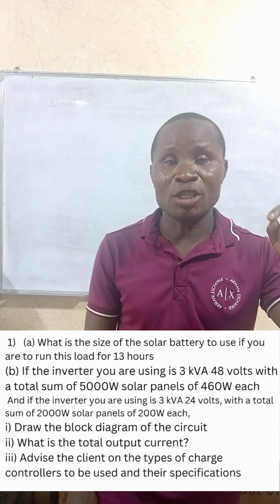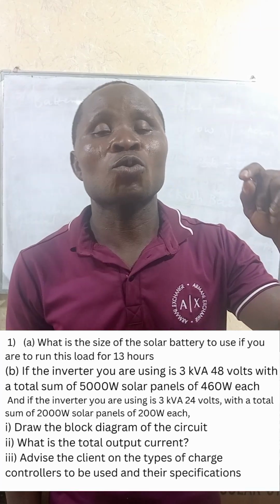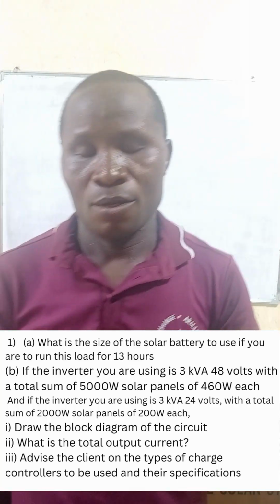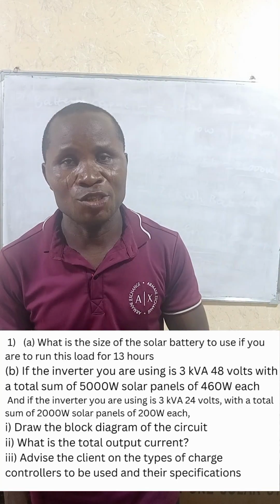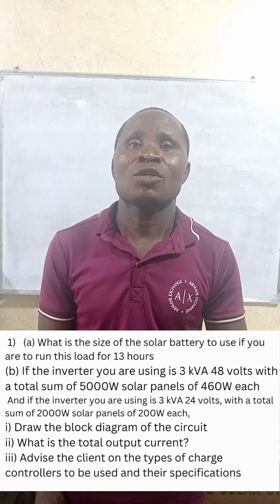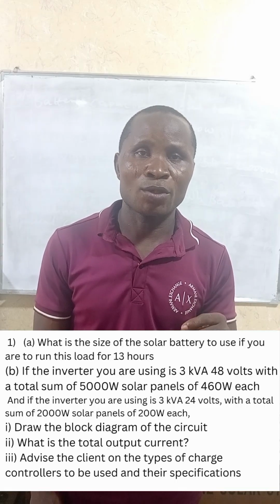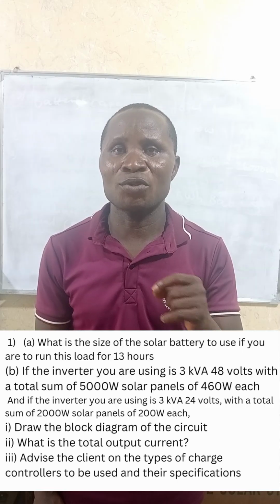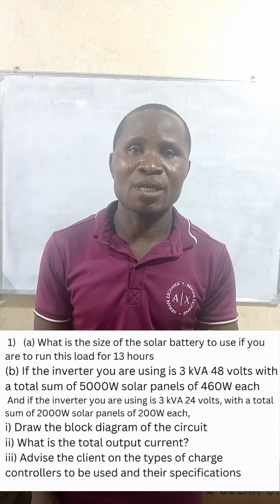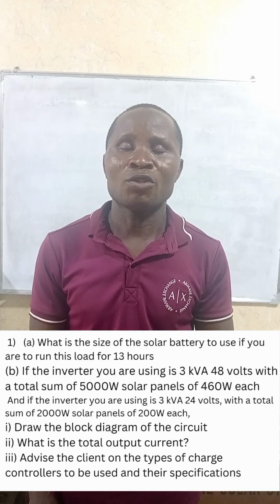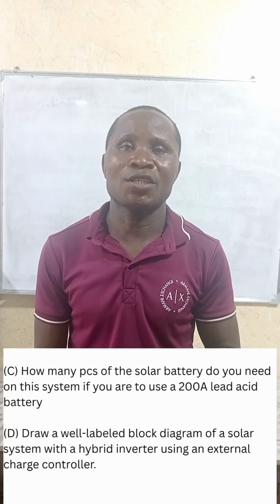Then the second one is when you are using 2,000 watts as the total sum, and 200 watts solar panel each. Draw the block diagram of the circuit. Question 2, what is the total output current? Question 3, advise the client on the types of charge controller to be used and their specifications.